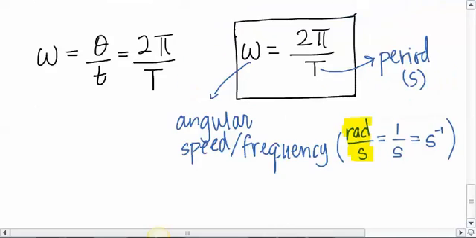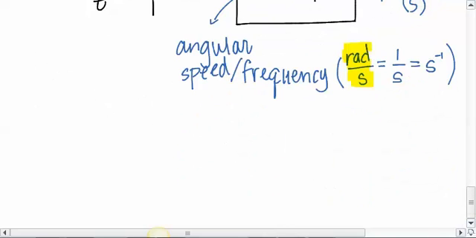Okay, so speaking of frequency, f for frequency. What is frequency? How frequent do you do something? What would you do if you were going to figure out how frequently you can make a lap around the gym?